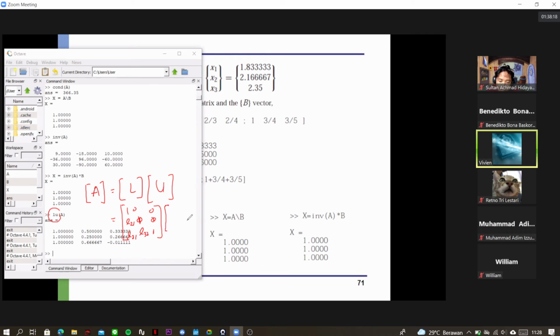And we have U, the upper triangular matrix as what we learned before.